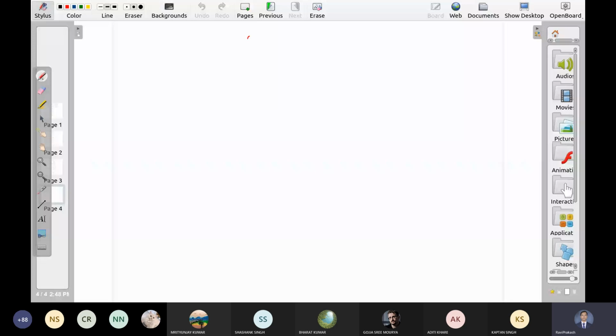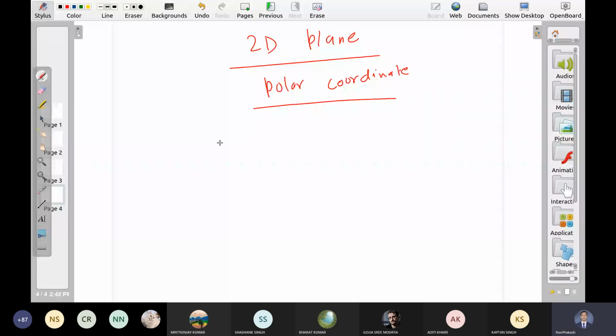2D plane, polar coordinate. Means we are here. One baseline. This is the origin. Let us say we are here. What is the r cap vector?